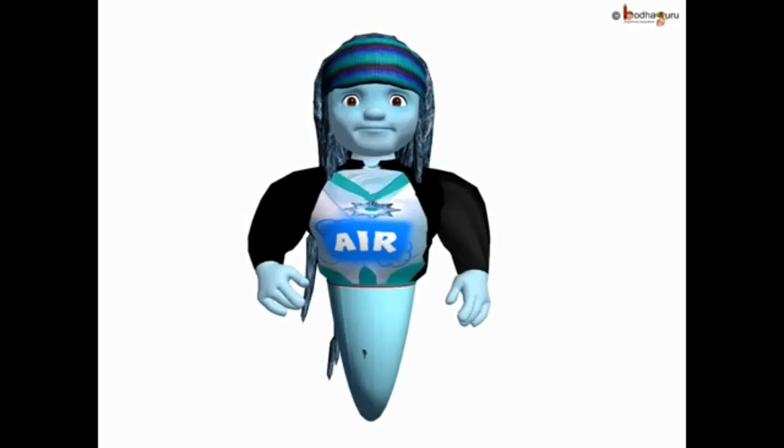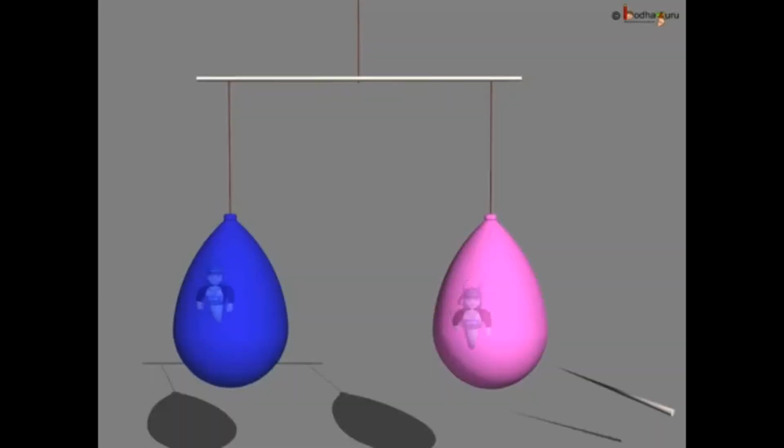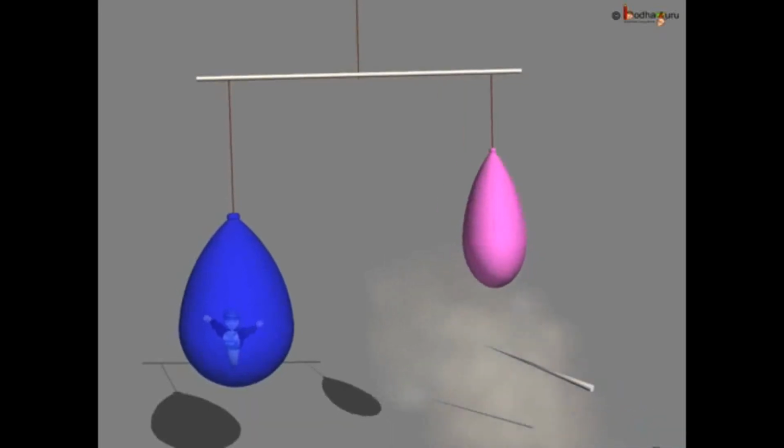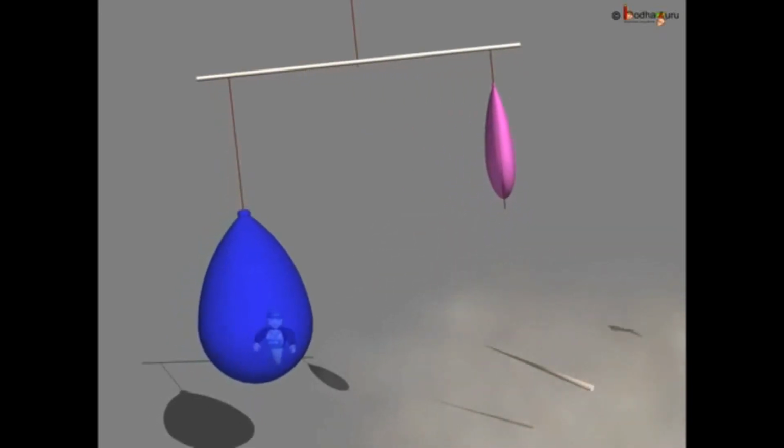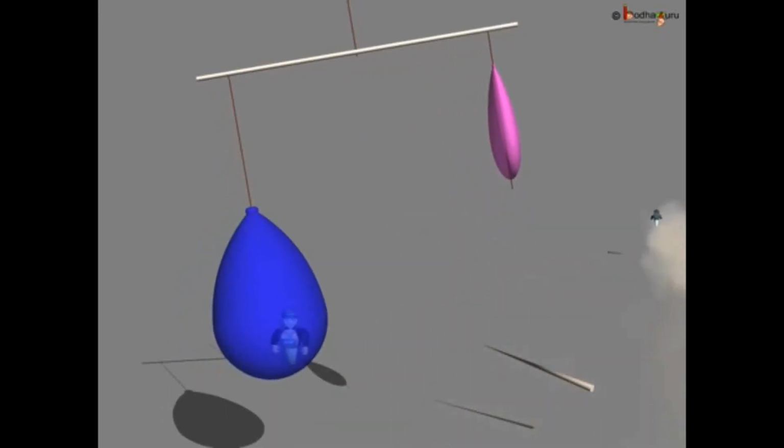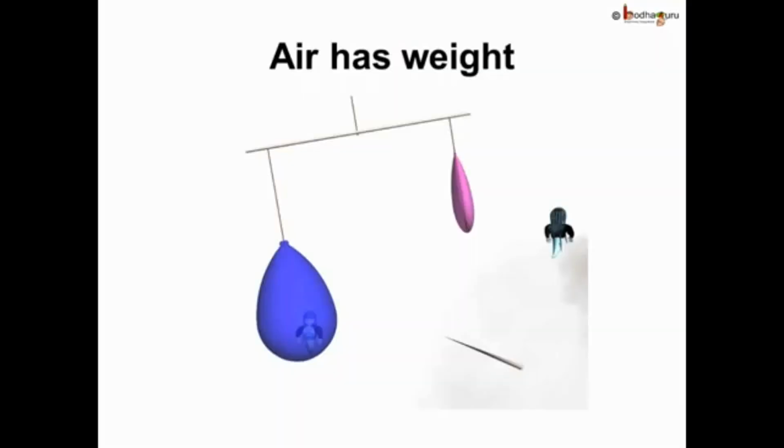It is our airman. When we prick the pink colored balloon, airman just rushes out of it. And so, with the airman still inside the blue balloon, it is heavy. This proves that the airman inside the balloon makes it heavier, and this means air has weight.